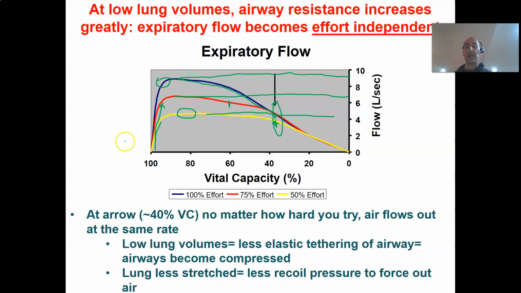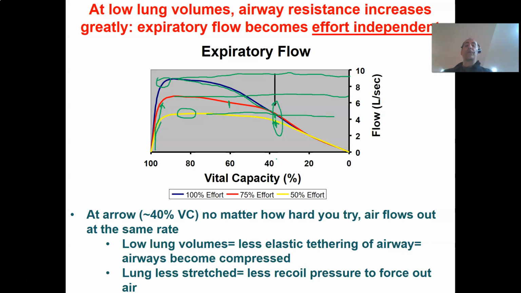And it's explained down here. At the arrow, at 40% vital capacity, no matter how hard you try, air flows out at the same rate. There's less elastic tethering once you get to this 40% vital capacity, and the airways start to become compressed.